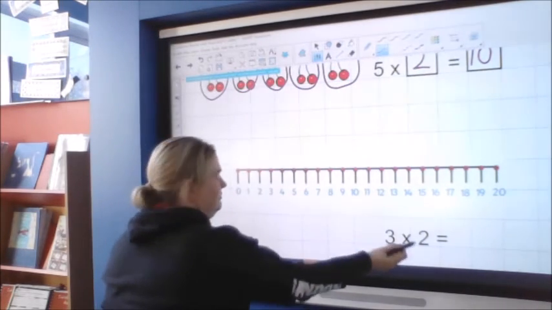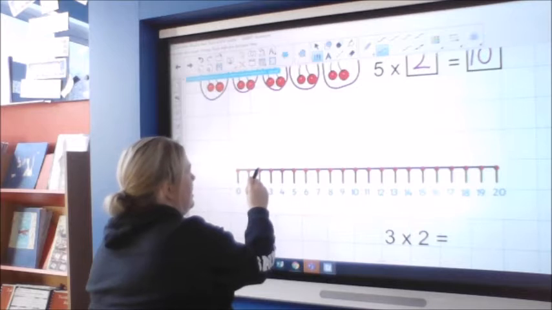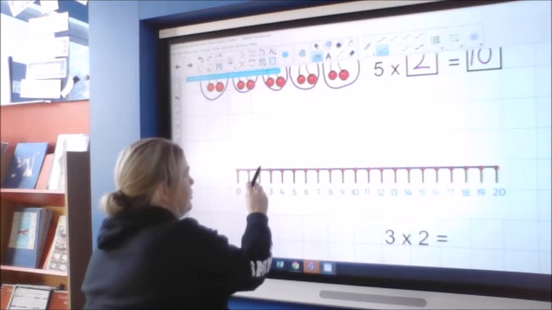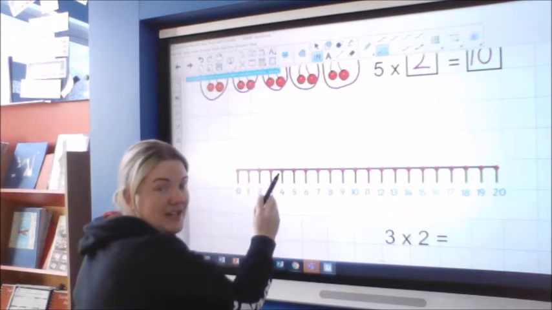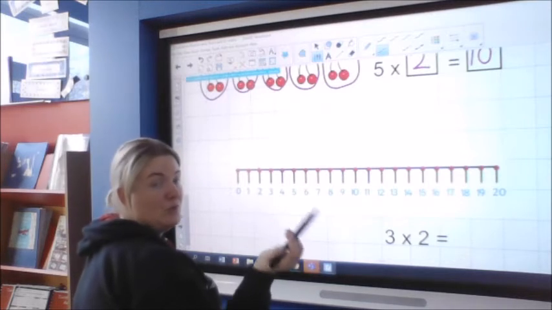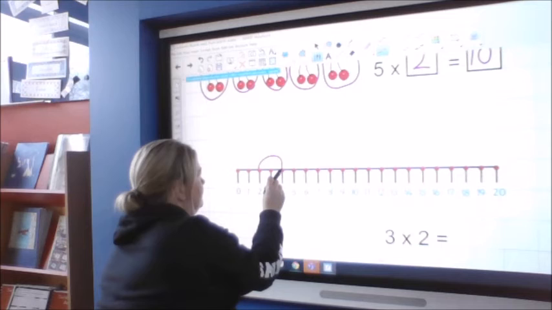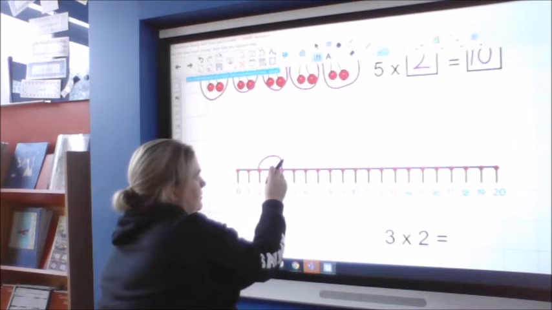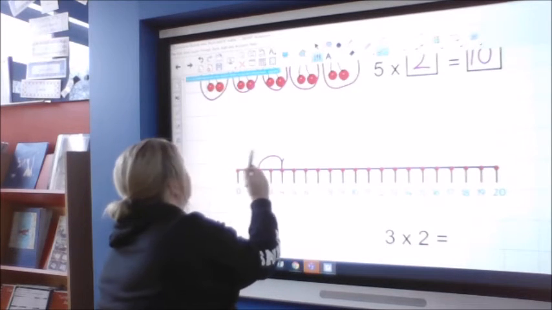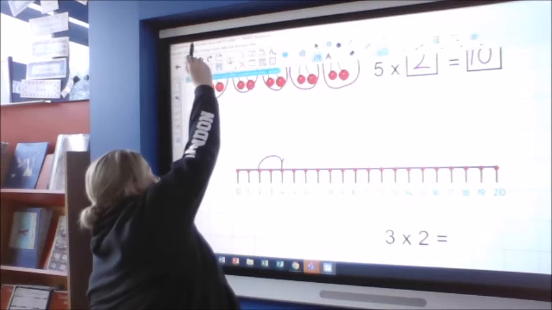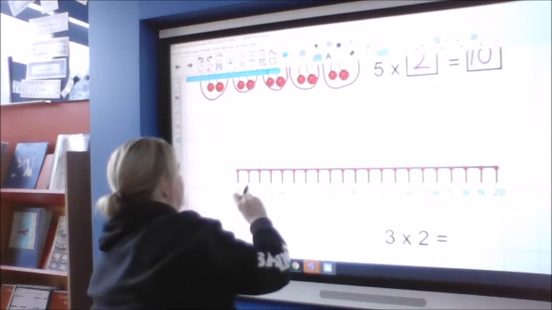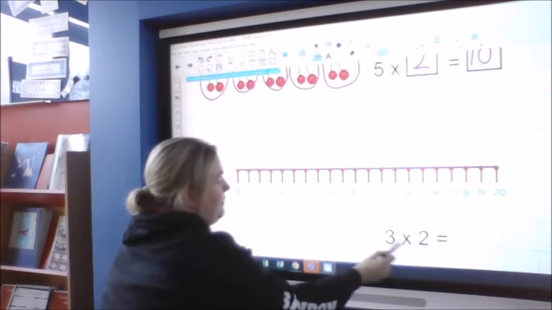You could start on number 2. And we know we're not going to jump on the next dot. We've got to miss a dot out because we're jumping up in twos, aren't we? So 3 times 2. Bear with me, children. Sorry, Mrs. O'Keefe's board's playing up here. 3 times 2.